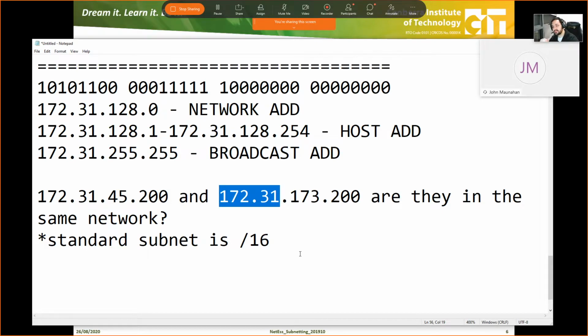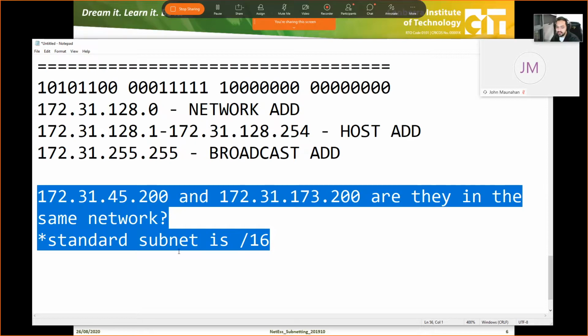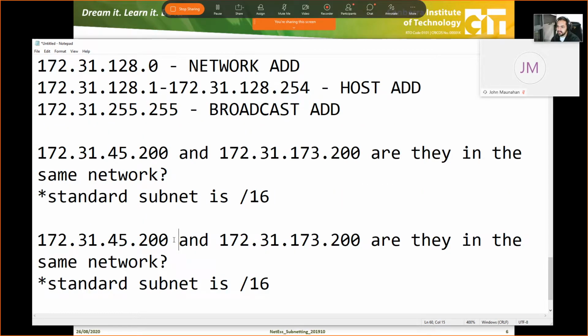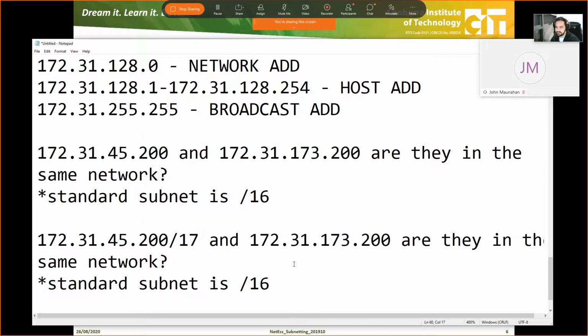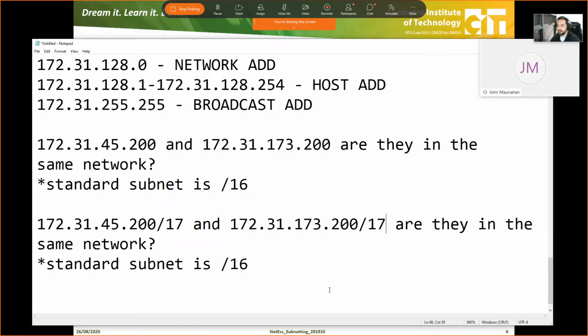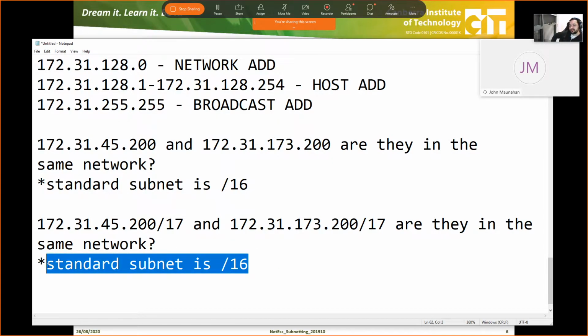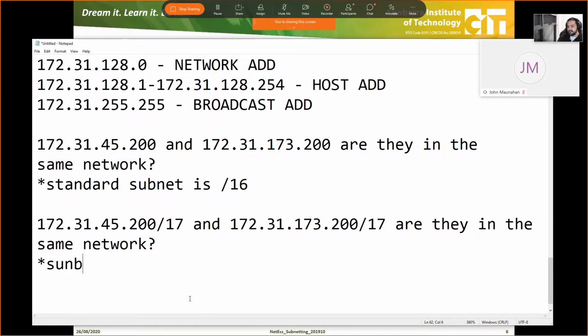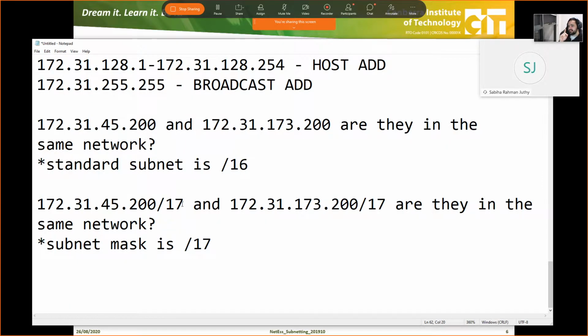So they're in the same network. Oh my gosh. Seventeen.